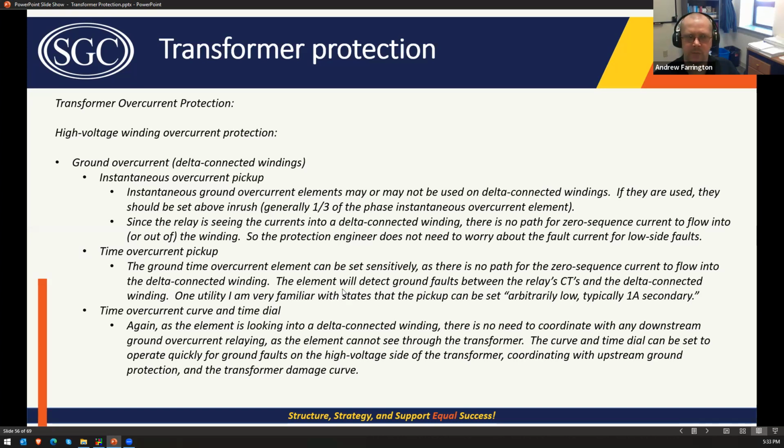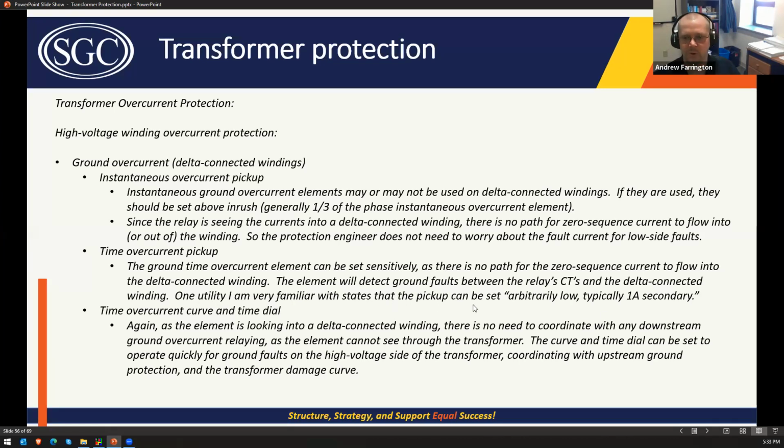So the element will only detect ground faults that are between the relay, wherever it's connected, usually like a breaker, or it may be the bushing CTs of the transformer, but usually it's a breaker on the high side, and between those CTs and the high side windings of the transformer.